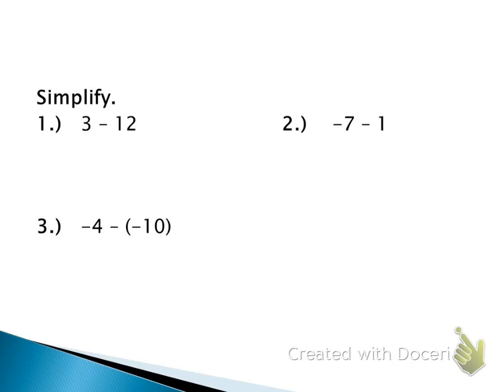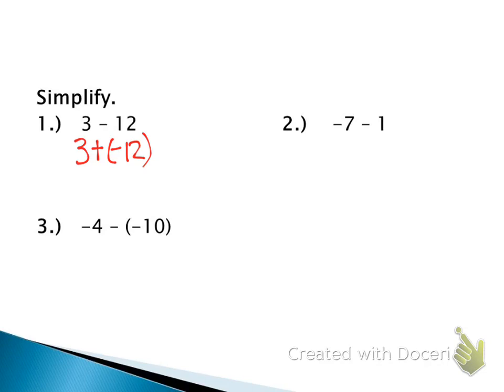On number 1, if I wanted to rewrite this as an addition problem, I would write 3 plus negative 12. And then I would follow my rules from yesterday. They have different signs, so I'm going to subtract their absolute values and keep the sign of the number with the larger absolute value.